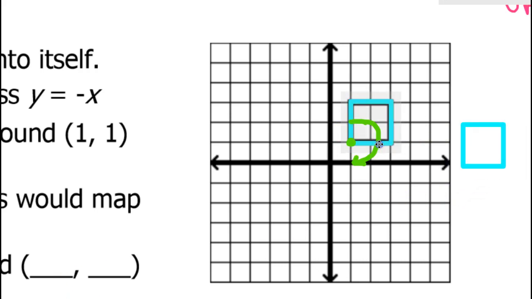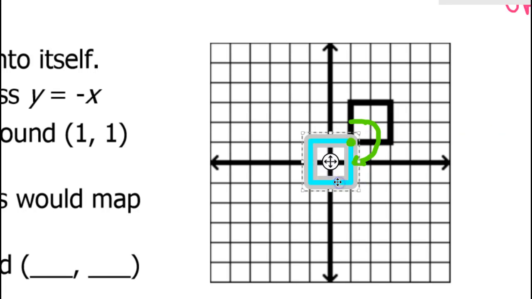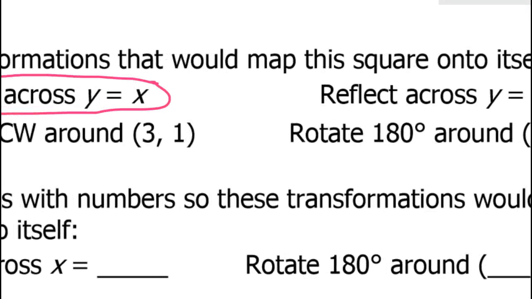If this is the original position, if I were to rotate 90 degrees, it would end up here. If I rotate 90 degrees again, it would end up here. So this is what a 180 degree rotation around this center would be. Notice that they do not line up. You do not find one on top of the other. So we're not going to circle that one either.